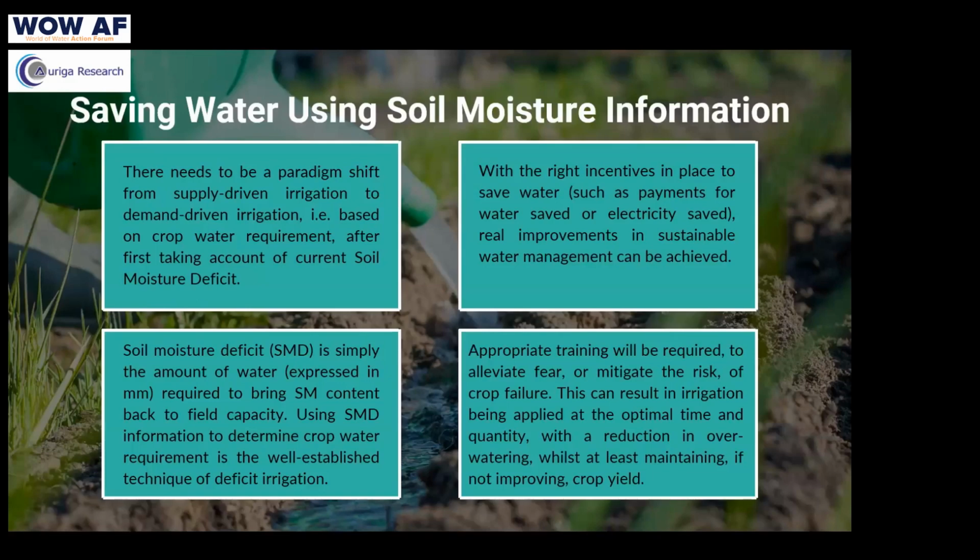Now, unless we understand what the moisture deficit for a particular area is in a particular season for a particular crop. Now, if there is a prolonged deficit, then we need to change the crop or have enough mechanism to see that there is demand-driven irrigation available for that particular crop.